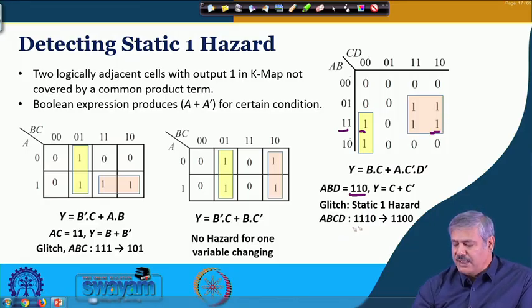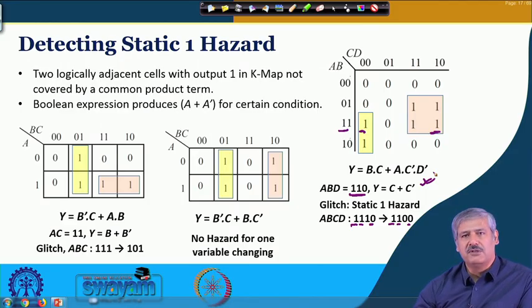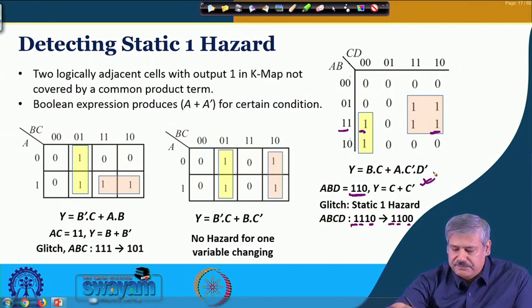So, with A and B remaining at 1 and D remaining at 0, and C going from 1 to 0, we have a glitch. Also from the Boolean expression you can find it out. This is just examining whether this rule prevails or not, and we can find out the condition when the glitch will occur, and this is how we can detect static one hazard.